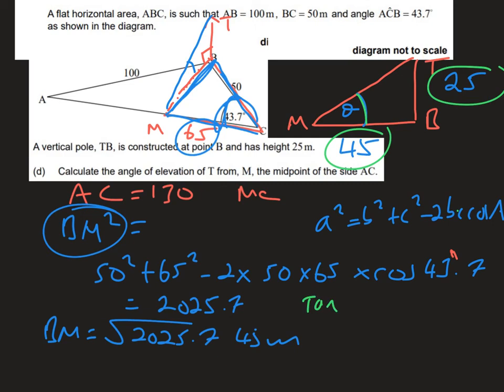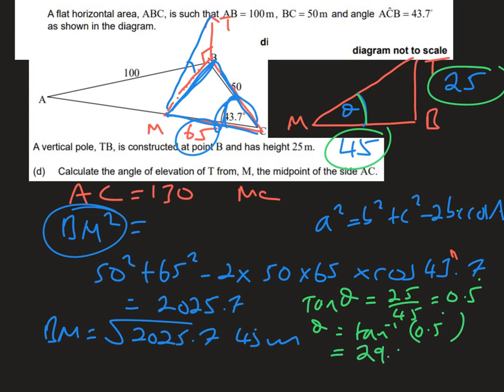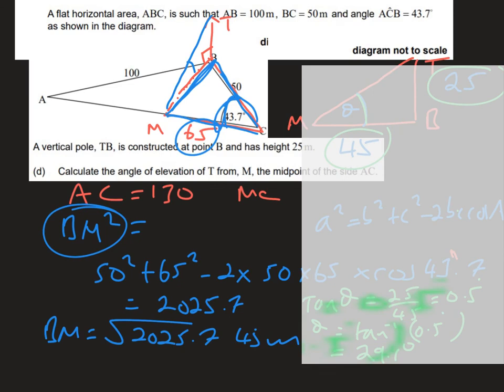Tan theta equals opposite over adjacent, 25 over 45, which gives us 0.5 recurring. So theta is going to be inverse tan of 0.5 recurring, which gives us an answer of 29.1 degrees to three significant figures for the angle of elevation of T from M.